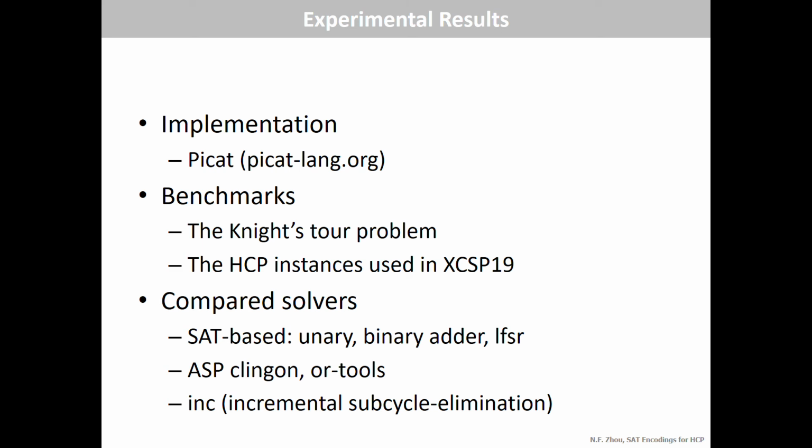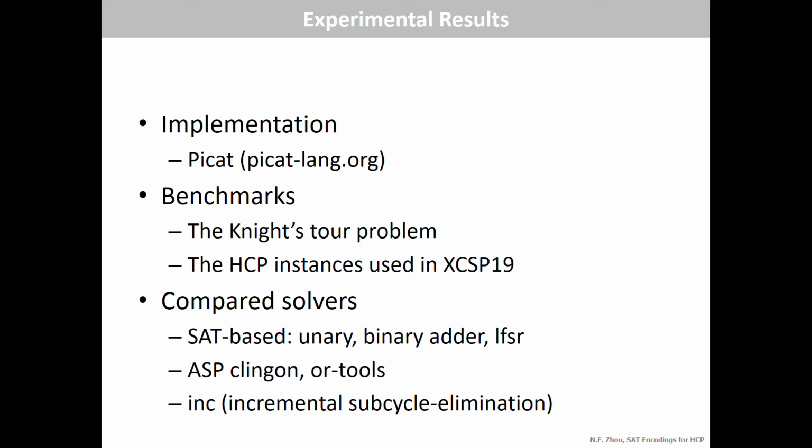We implemented all these SAT encodings in PyCat, and the default encoding is the binary add encoding because it performed best. We evaluated these encodings using 2 sets of benchmarks: the nice tool problem and also the HCP instances used in the XCSP competition.